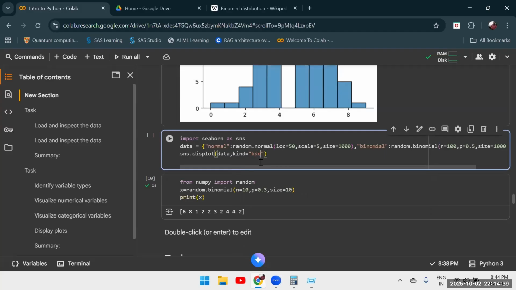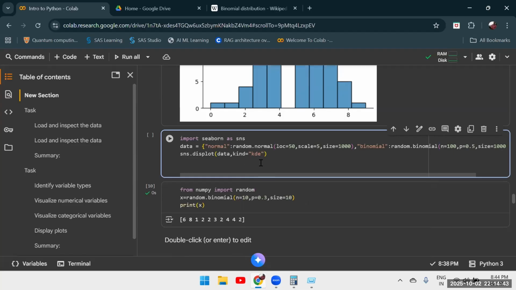What is this KDE, Sashi? Kernel density estimation. Yeah, you're right. Basically this will help us generate a normal curve across.